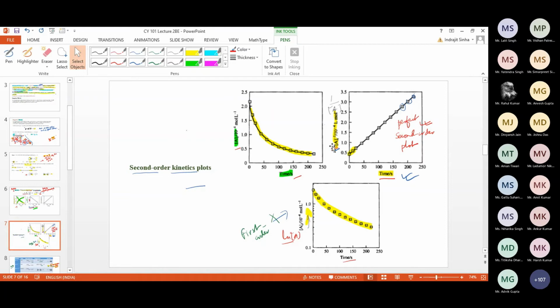If it is following this inverse relation, that is A raised to the power -1, and it is giving a perfectly linear graph, then it is a second order situation, right? But if you try to do a log A graph, then you will see that it becomes non-linear, because this is not first order kinetics. Okay.